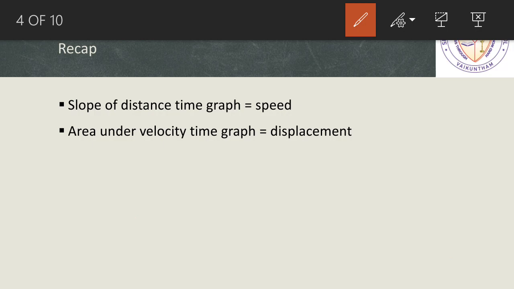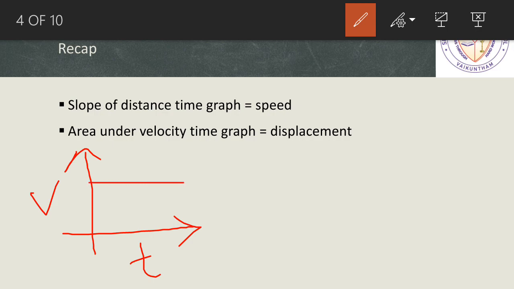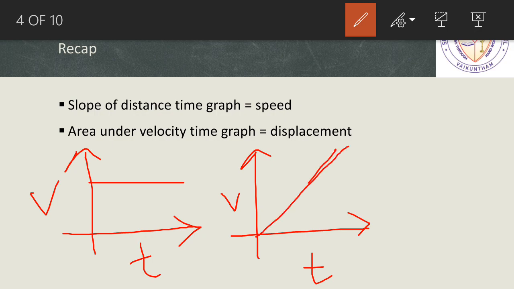Then after that we studied the velocity time graph, and we saw three situations. One is the situation of uniform motion. In the velocity time graph, we take time along the x-axis and velocity along the y-axis. For uniform motion, the velocity time graph will be a straight line parallel to the x-axis. For uniformly accelerated motion it will be a straight line having a slope.